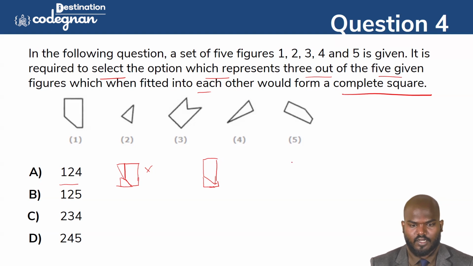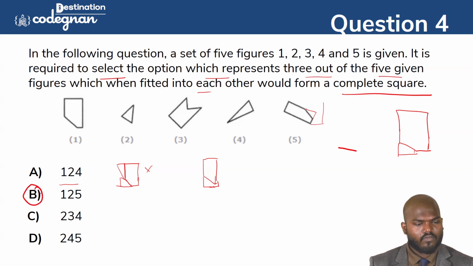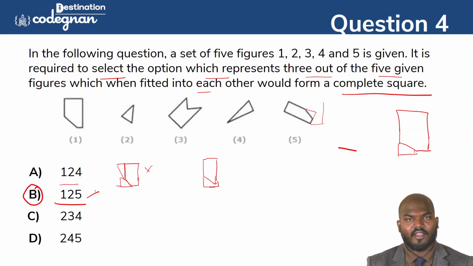We can draw it a little bit like this, because you need to be the same as the figure. Okay. So probably, guys, when you compile this option B, 1 2 5, it will give you the exact square. We can work it out here. This is a little bit complex, but you must work it out here. Then only will you get the answer.